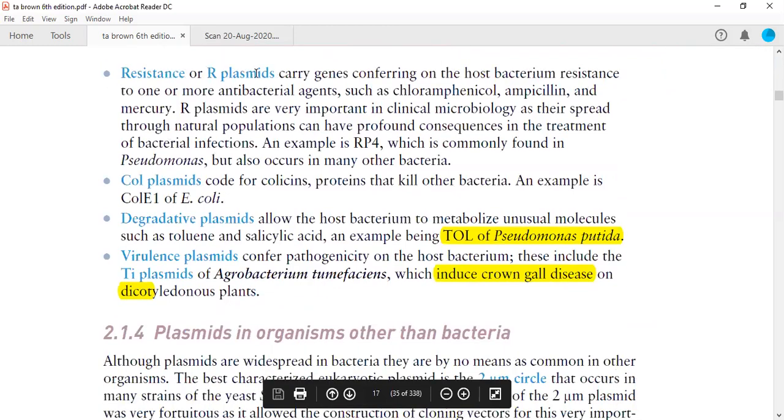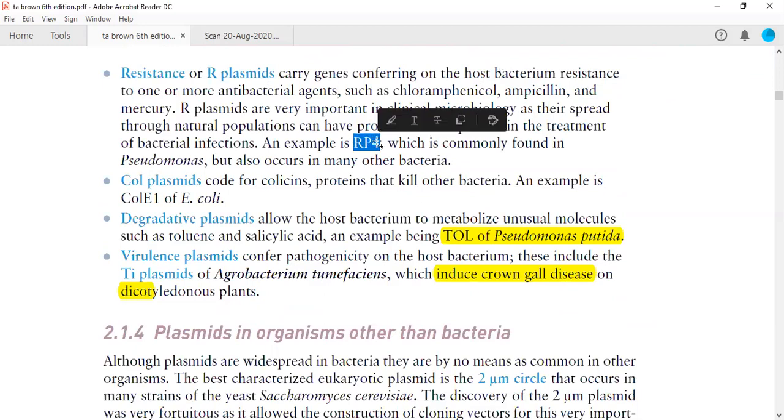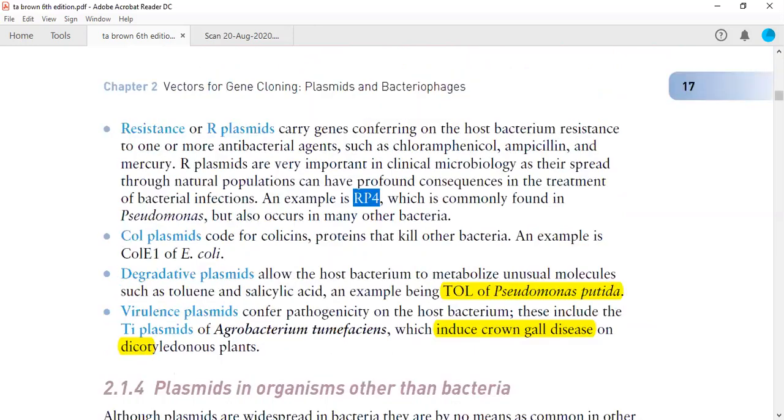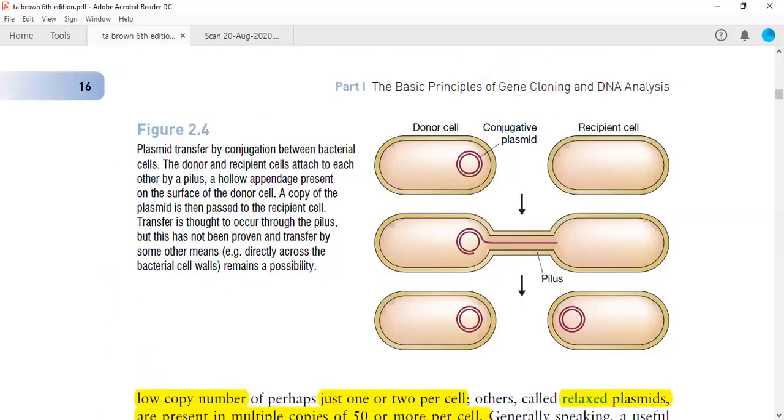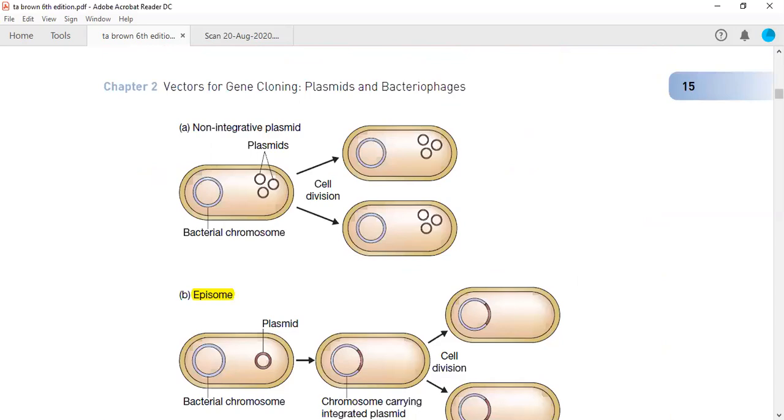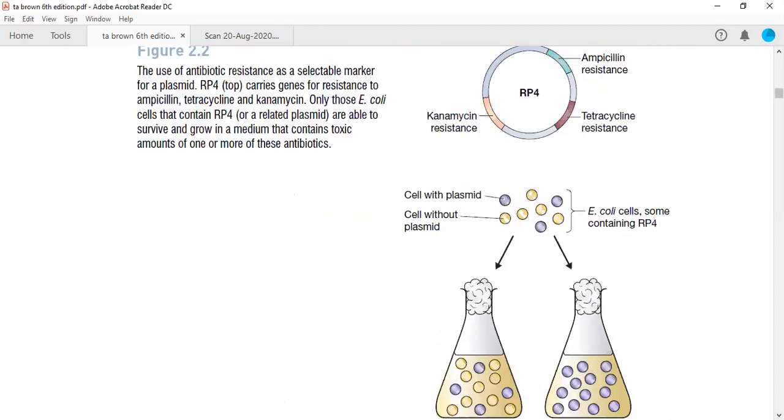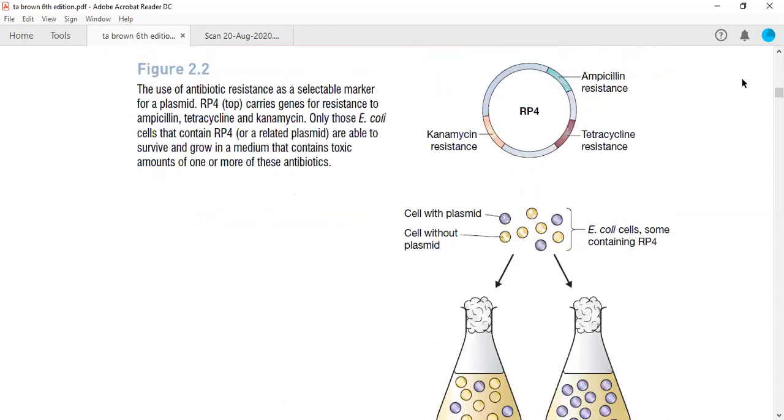Resistance plasmid or R plasmid. For example, certain bacteria have, for example, one we had discussed, RP4. RP4 has 3 genes for resistance: ampicillin resistance, kanamycin resistance, and what was the other one? I forgot. This was a question in one of the examinations also.